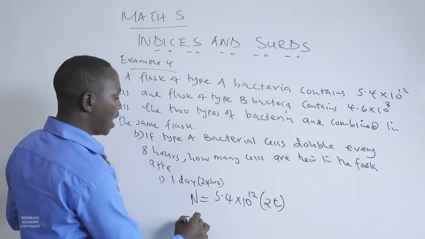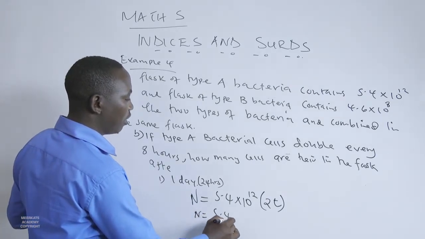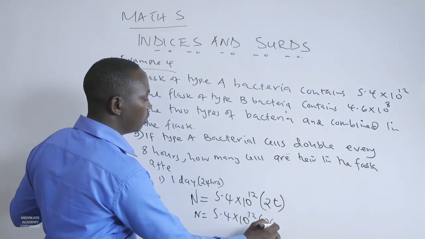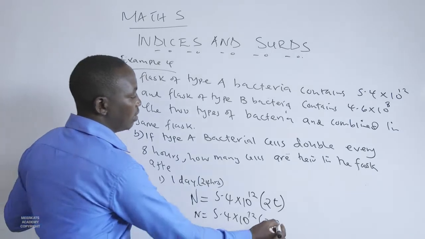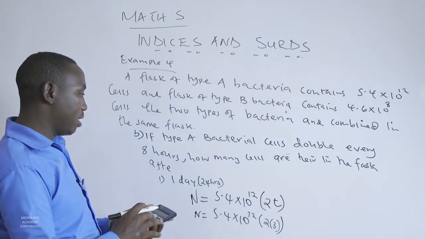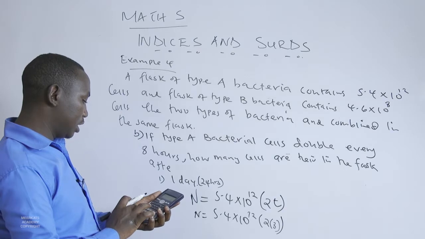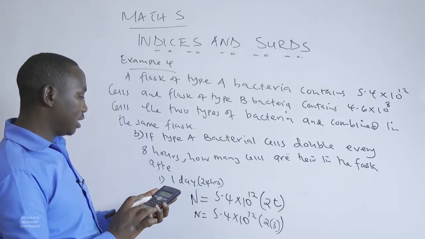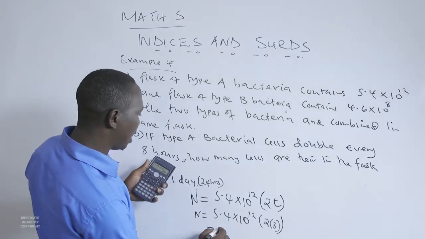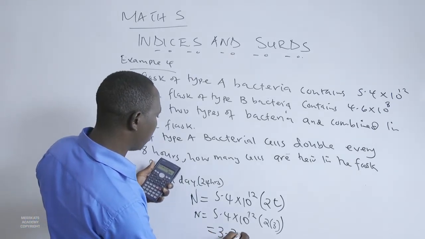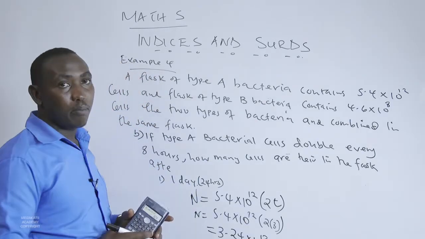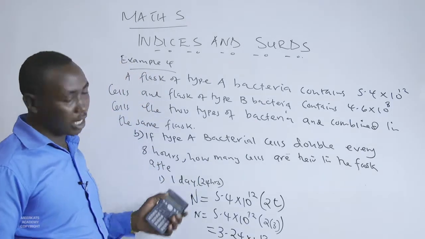So n will be equal to 5.4 times 10 raised to 12 multiplied by 2 to the power 3, which is 5.4 exponential 12 multiplied by 8. So after 1 day we shall be having 4.32 times 10 raised to 13 bacterial cells inside that particular flask.